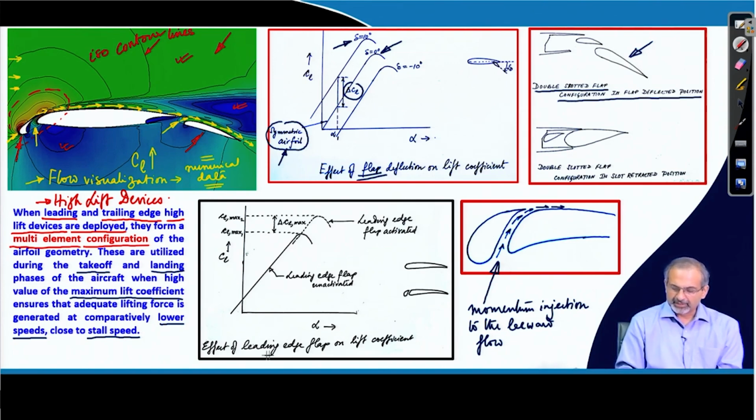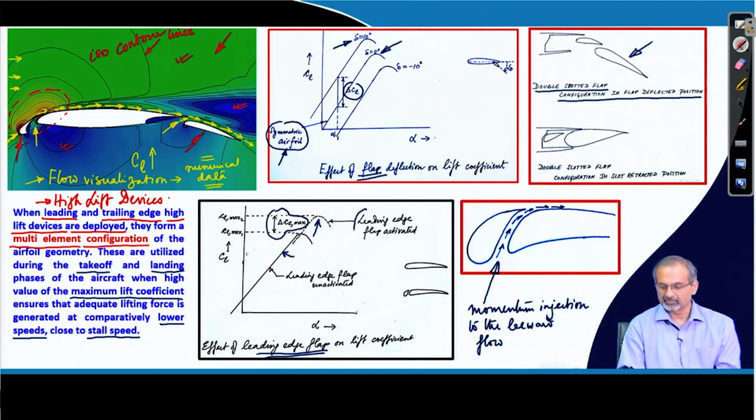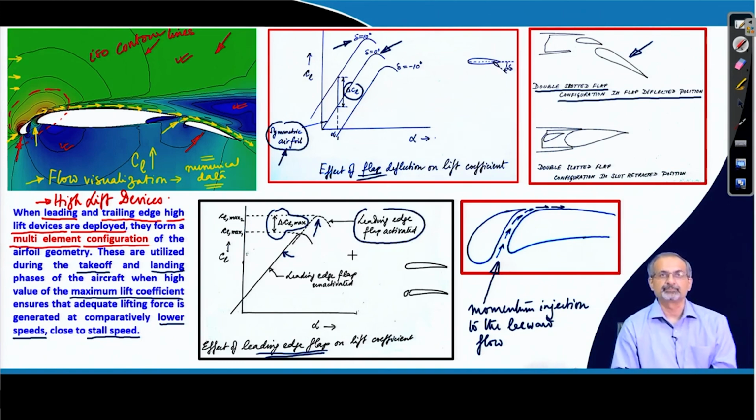And in the case of leading edge flap or slats, essentially the CL alpha curve for the base airfoil gets a little further extended over here. It does not shift parallelly much, but it enhances the delta CL max. That is what comes from the leading edge flap in an activated position.